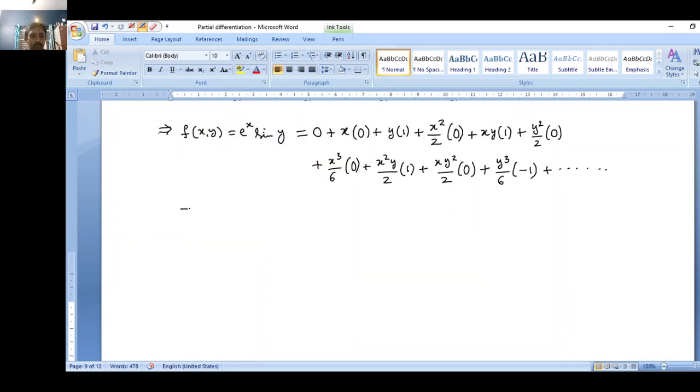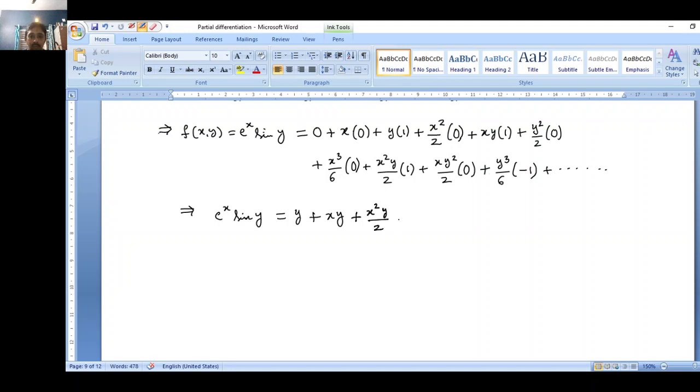Okay, so upon simplification, this turns out to be e power x sin y equal to, this is 0, this is 0, y into 1 is y itself. Okay, and then this is 0, then xy into 1 is just x into y, and then this is 0, this is 0, and then the next term is x squared y by 2, right?